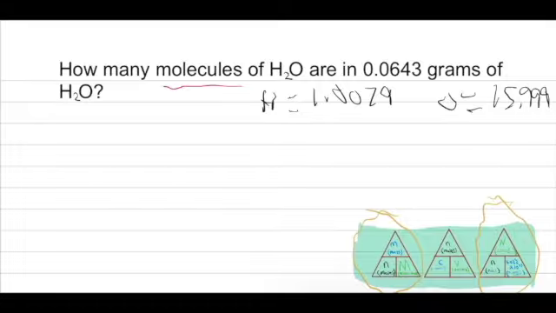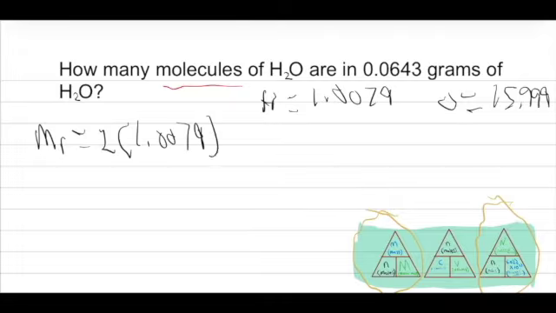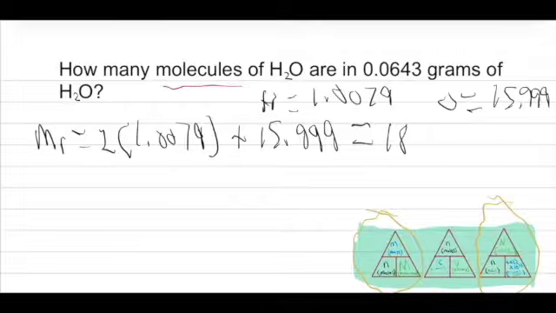So H2O, meaning we've gotta write out a formula of Mr equals 2 brackets 1.0079 plus 15.999. And if you use your calculator, that is 18.0148.